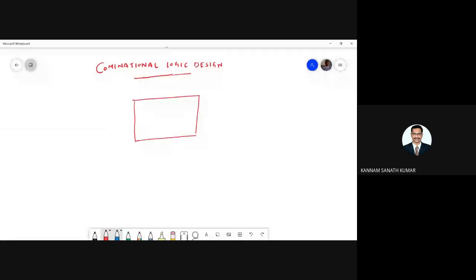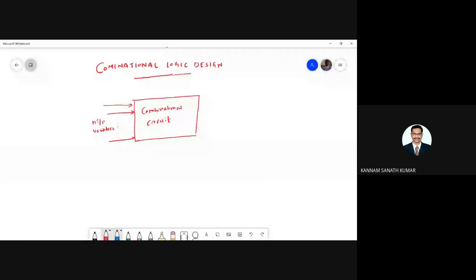Suppose you have n input variables. So this is a combinational circuit, and you have m output variables.